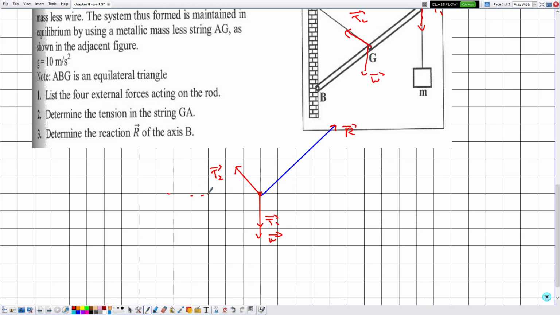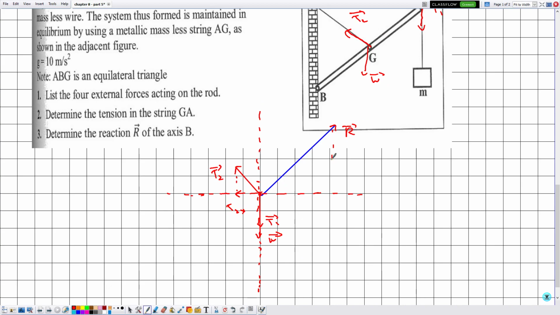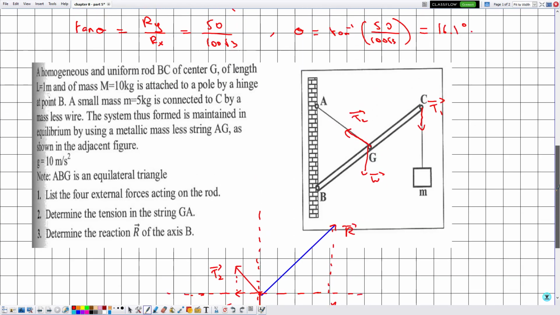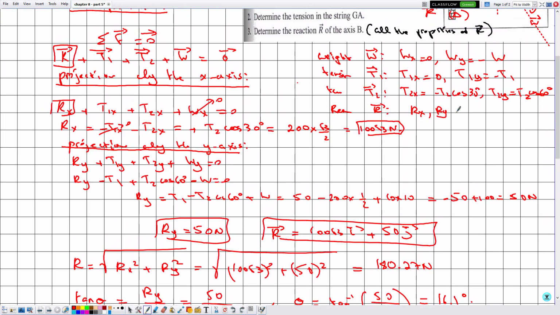How do I know that it will be something like this? Consider the following. The only x component is given by T2x. So in order for this x component to be cancelled, you must have an Rx which is exactly equal to T2x, and this is what we have calculated from this equation.